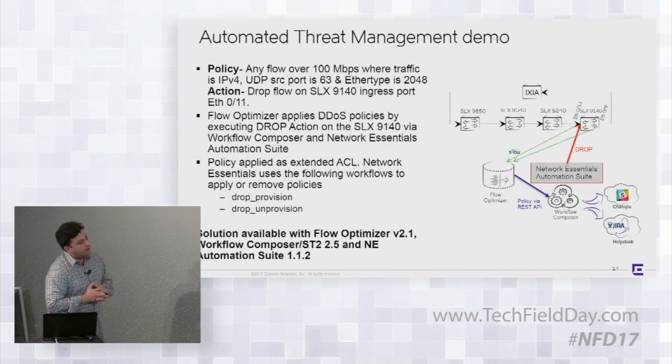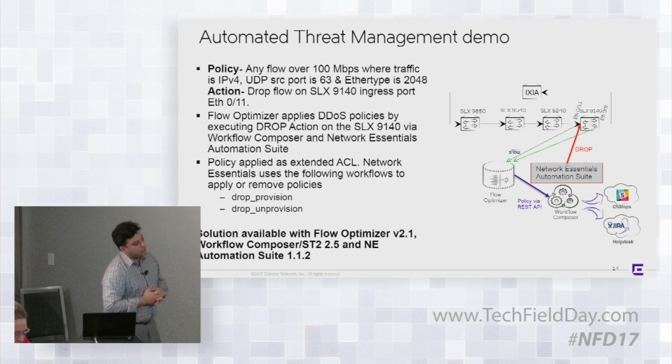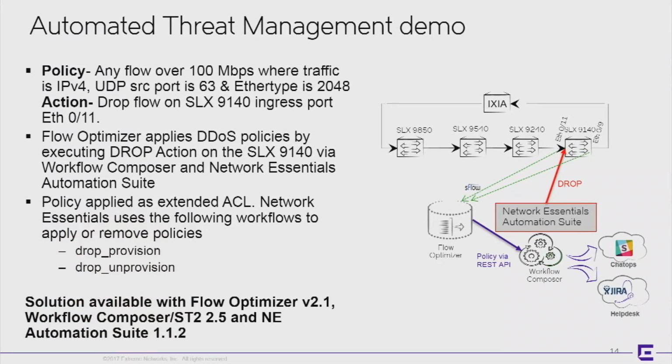So in this demo, this is kind of a setup where I have a network, and if you can see on the left-hand side, there is an SLX 9140 switch, which is typically used as a leaf or a border leaf. The idea here is that you're a large enterprise or a provider who has a lot of tenants that you're hosting, and you're listening to the flows, and this SLX switch is sending sFlow to the flow optimizer.